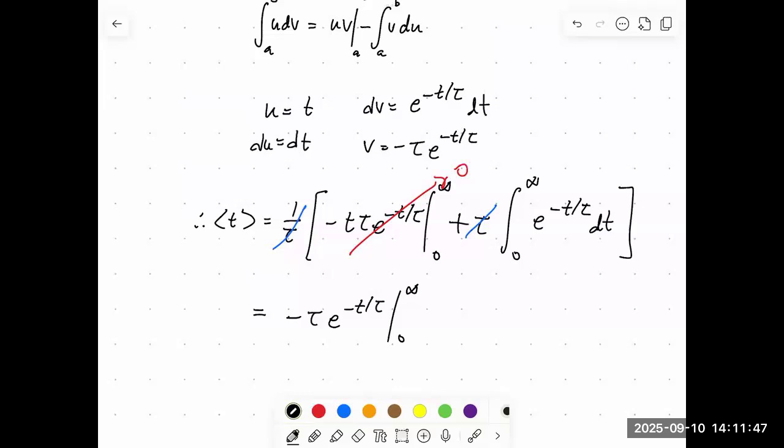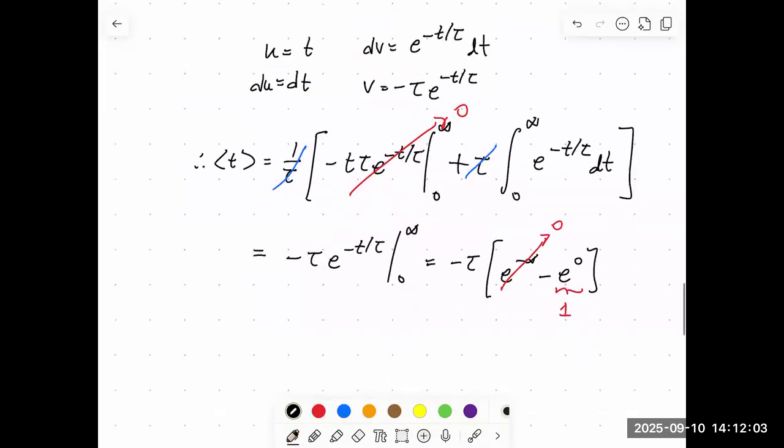And now when we put in our limits, we're going to get minus tau, e to the minus infinity, minus e to the 0. This is 0. This is 1. The minus signs cancel. And therefore, the expectation value for our muon decay time is plus tau.